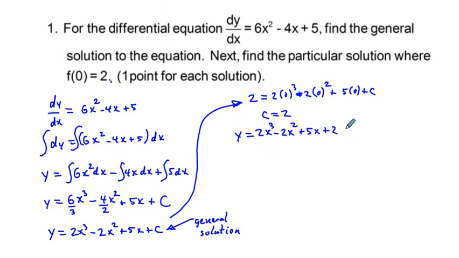And this is what we call our particular solution. And I'm not necessarily looking to see these things labeled as specifically as I'm doing here, but I'm looking to see those two functions in place somehow.